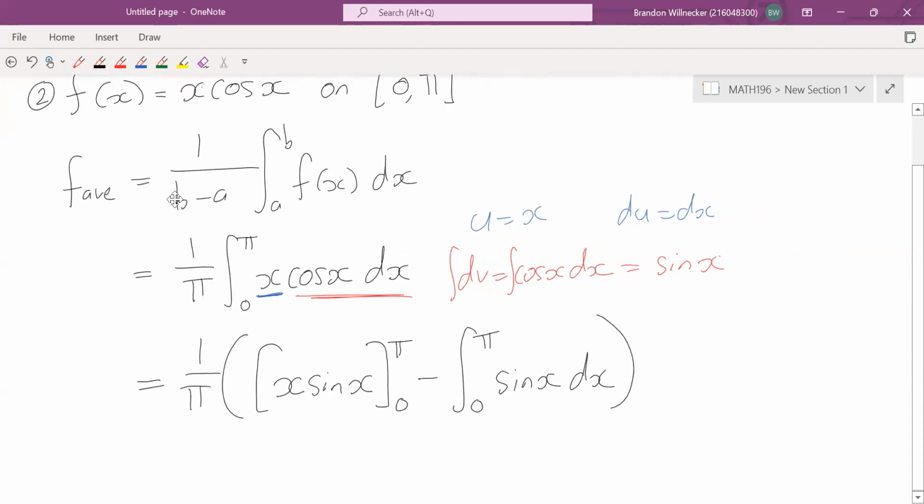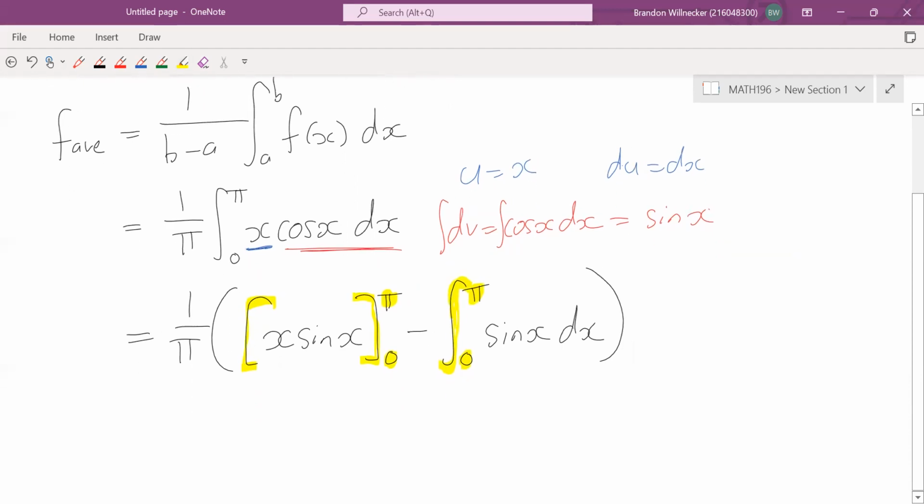Okay, so we've just done our integration by parts. So remember our uv term, we need to then evaluate that from 0 to pi, and then the integral of v du, remember that becomes a definite integral. So please make sure you remember that.